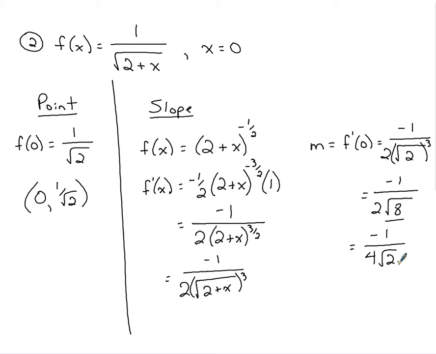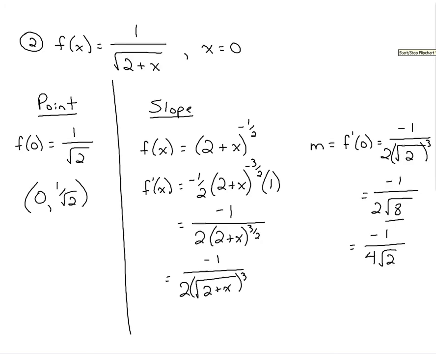Okay, so we got a slope. We got a point. Next thing we want to do, we want to find an equation for the tangent line, and we're almost there. We've done all the hard work to find the equation. So using our point slope form like we usually do, we've got y minus the y value that we found.